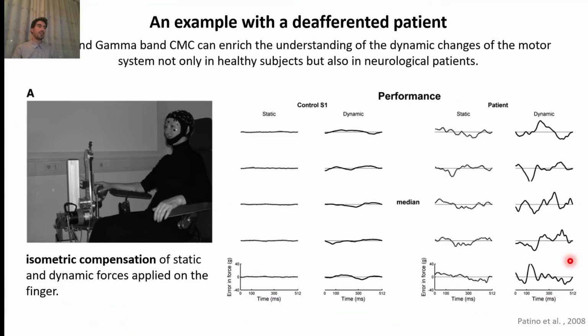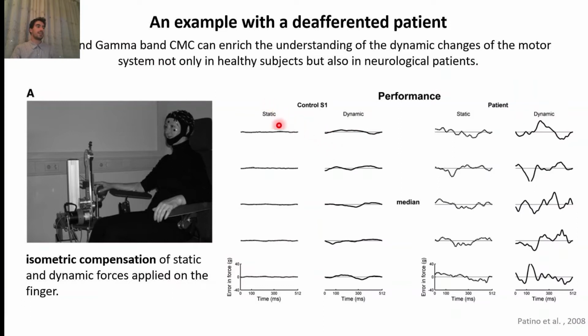We have also an example of a deafferented patient where basically you can see that the subjects and the controls are trying to compensate statically some forces that they have on a manipulator, or dynamically where the forces change and they have to actually adapt the force so as to compensate the force that is given.